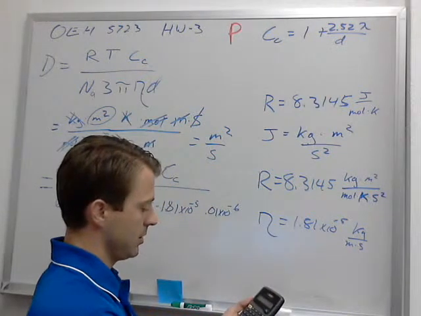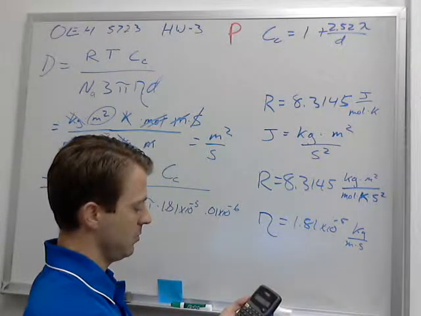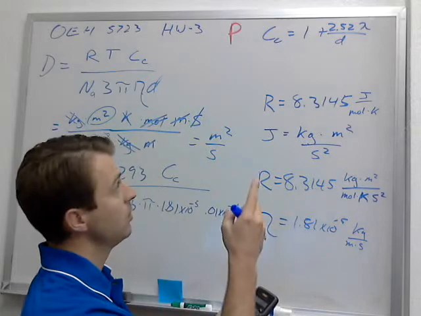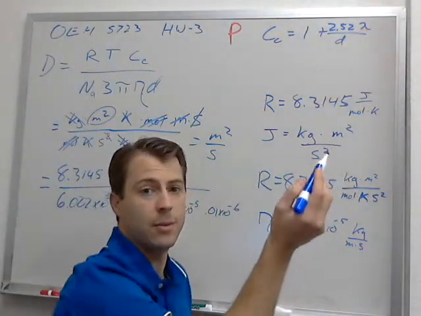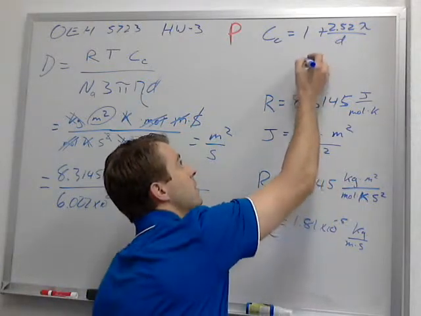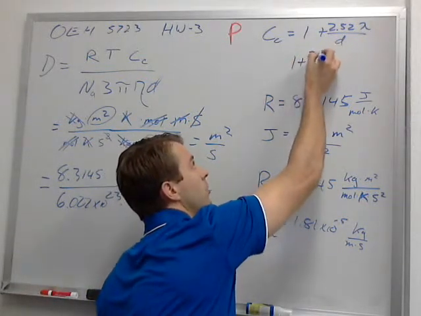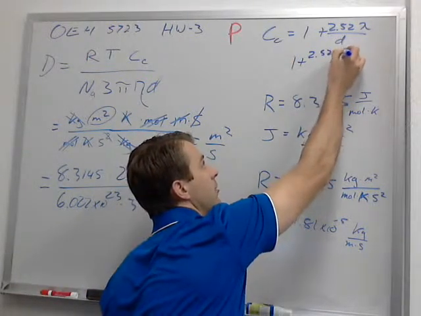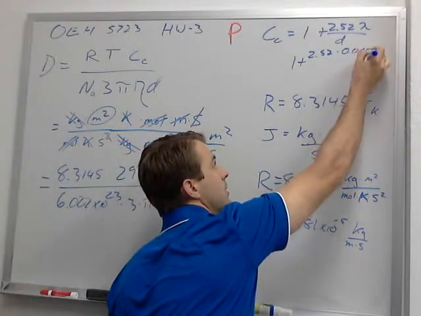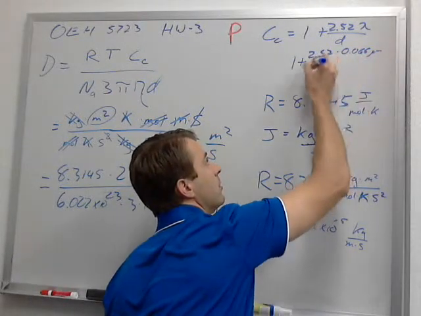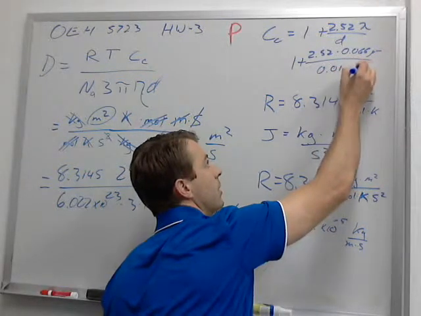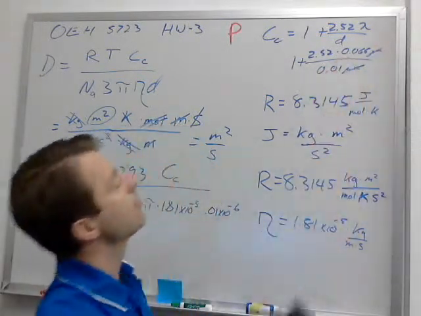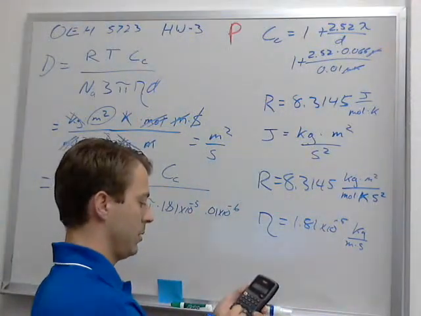So 2.52 times, our lambda is the mean free path, 0.066. 1 plus 2.52 times 0.066 micrometers, and then that divided by the diameter, 0.01 micrometers. Again, Cunningham correction is unitless.